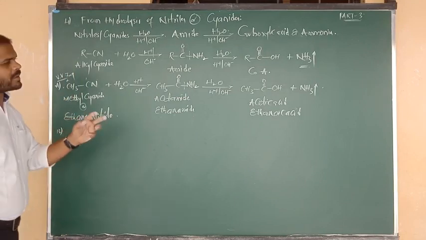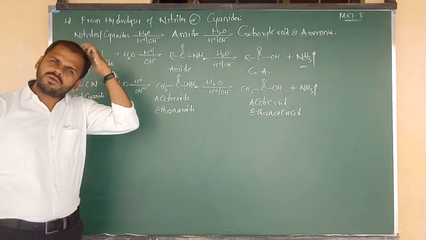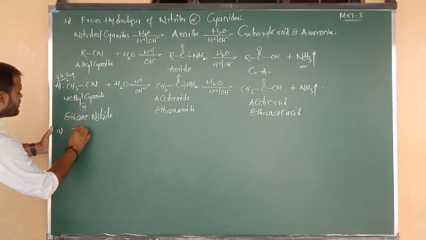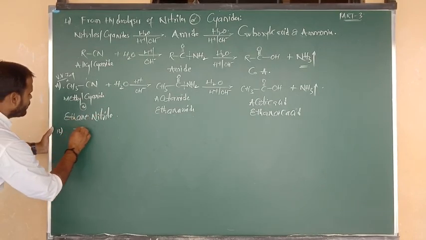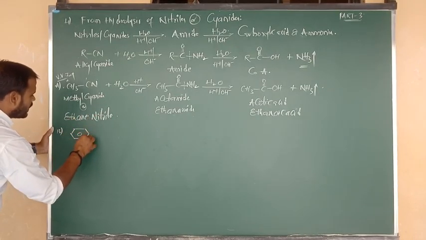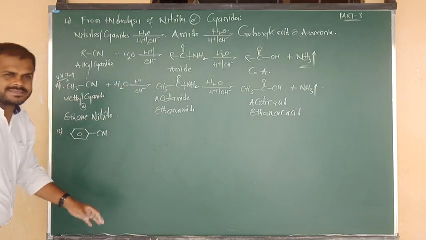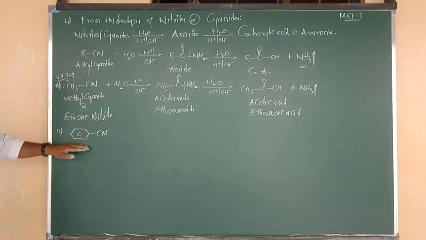Next, I am going to give the preparation of aromatic carboxylic acid, that is benzoic acid. What is the formula of benzoic acid? It can be prepared from benzene bonded to CN. In place of R I wrote CH3 for acetic acid, but now in place of R we write benzene.